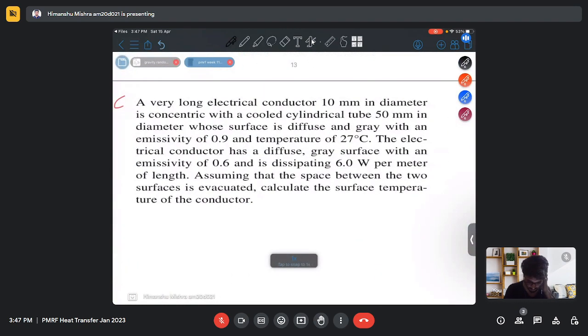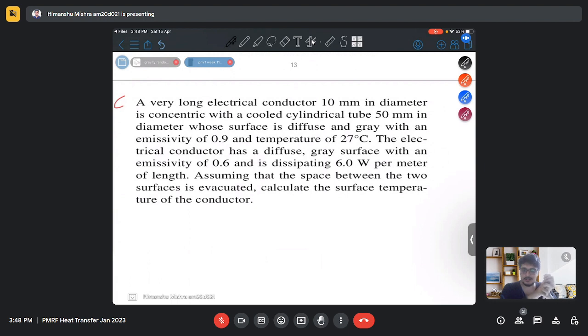So a very long electrical conductor 10 mm in diameter is concentric with a cool cylindrical tube 50 mm in diameter whose surface is diffuse and gray with an emissivity of 0.9 and temperature of 27 degrees Celsius.